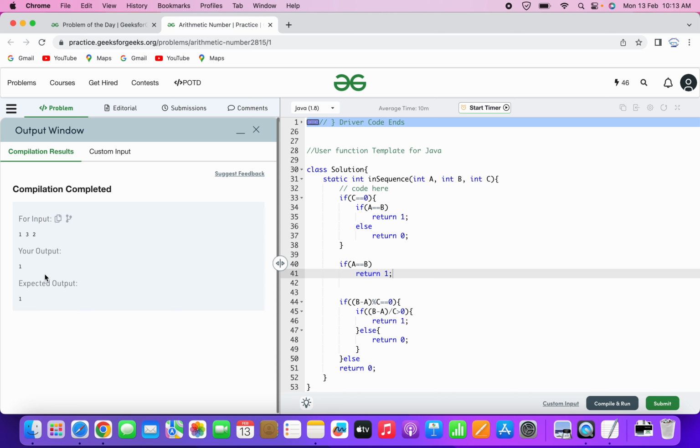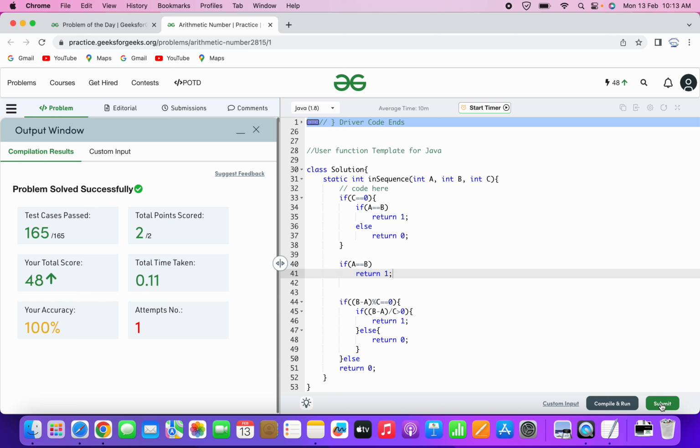So see, here we have got our output. Now let's try submitting the solution. So here we can see we have got all our test cases covered. Yeah, so we have solved this problem successfully.